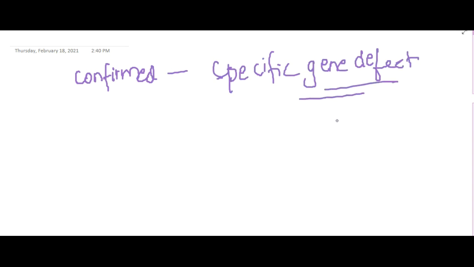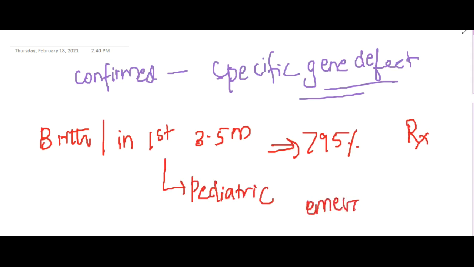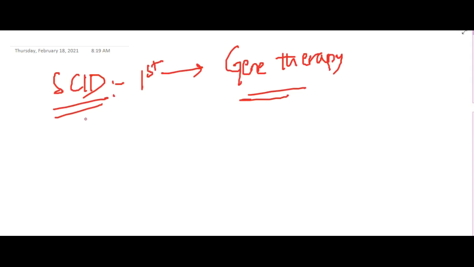This is actually a pediatric emergency, because if this disease is diagnosed at birth, or within the first 3 months of life, then more than 95% of the cases can be treated perfectly. Because of that, this is a pediatric emergency. Here, many therapies have been tried.